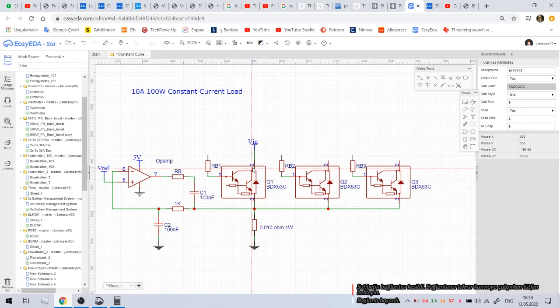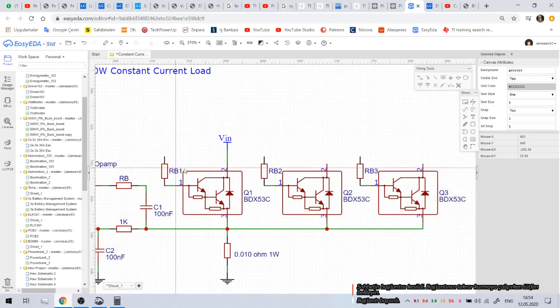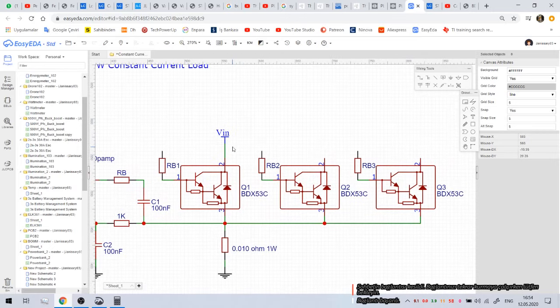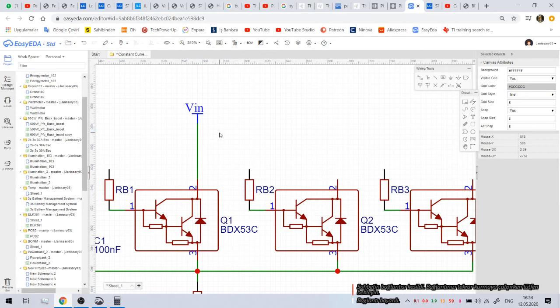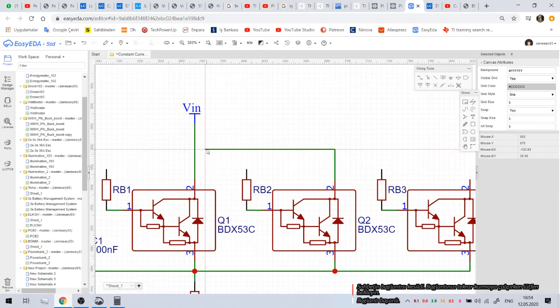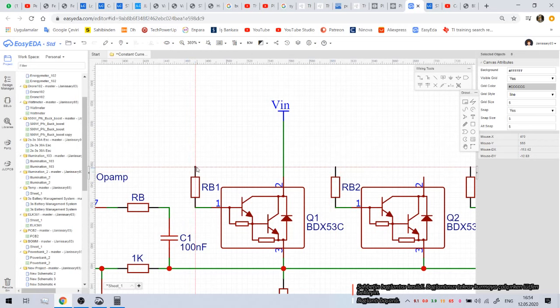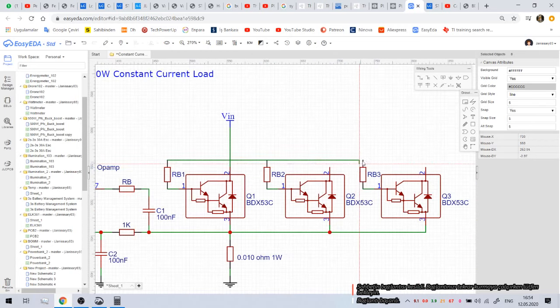We cannot use one resistor, because if we do, the base emitter current will not be the same. Connecting the collector emitter in parallel is also not desirable, but we will use it this way. Yes, connect all of them.